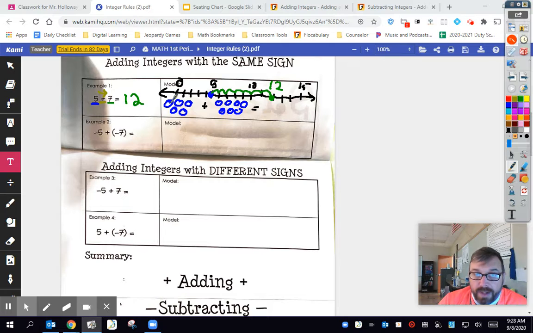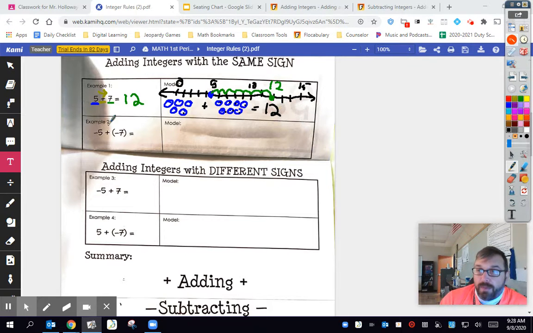And if I add all of these up, 1, 2, 3, 4, 5, 6, 7, 8, 9, 10, 11, 12, I come up with 12 total counters. So there's my first example.